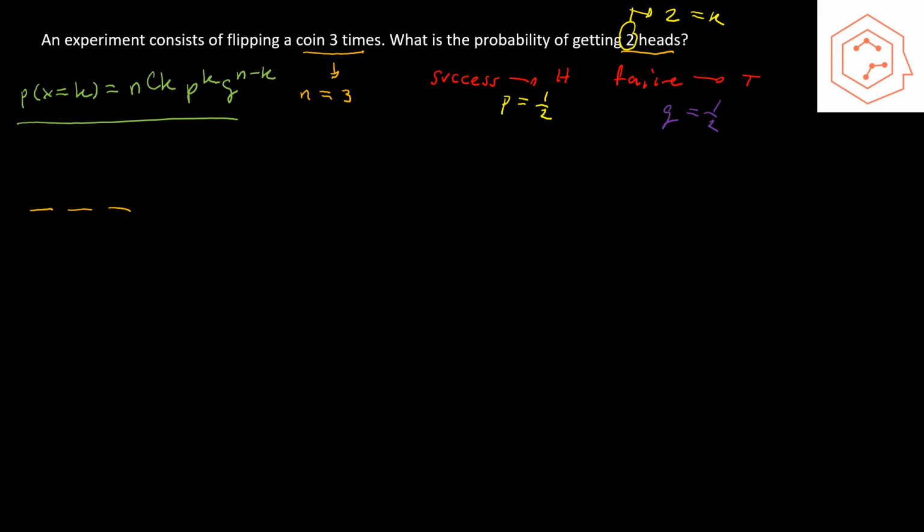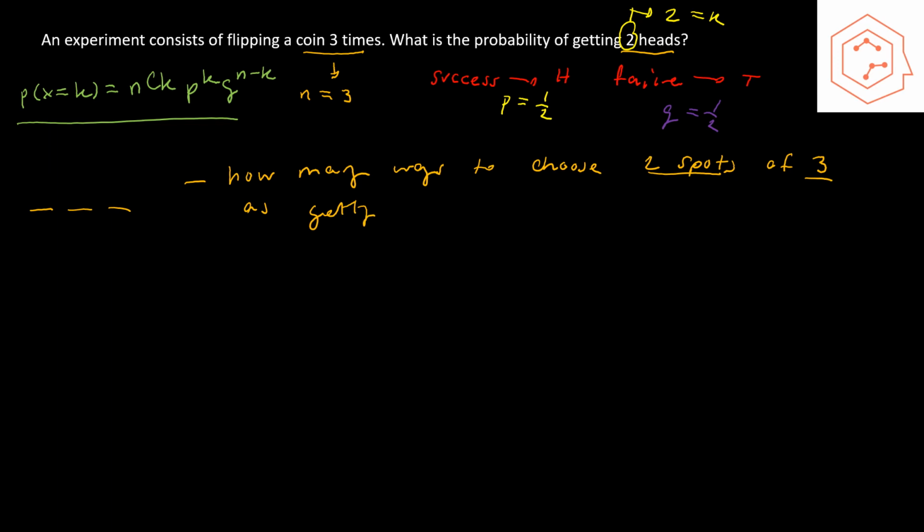So the first step over here is how many ways to choose 2 spots of 3 as getting heads, or as getting a success. So we have 3 spots and we need only 2 heads. So we need to choose 2 of these spots as being heads. That's the same question as saying 3 choose 2, which is equal to 3. So there's 3 ways in which we can get 2 heads.